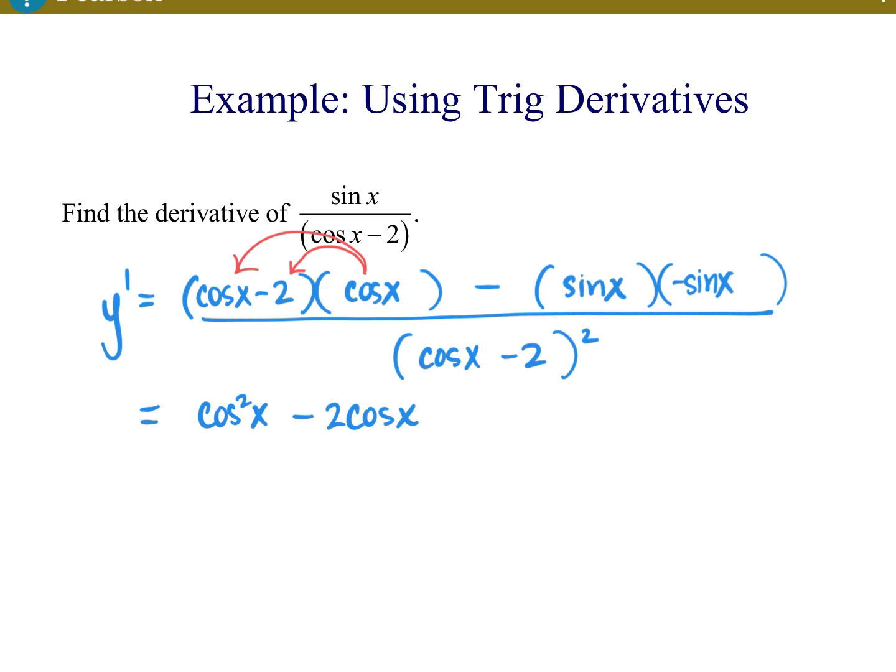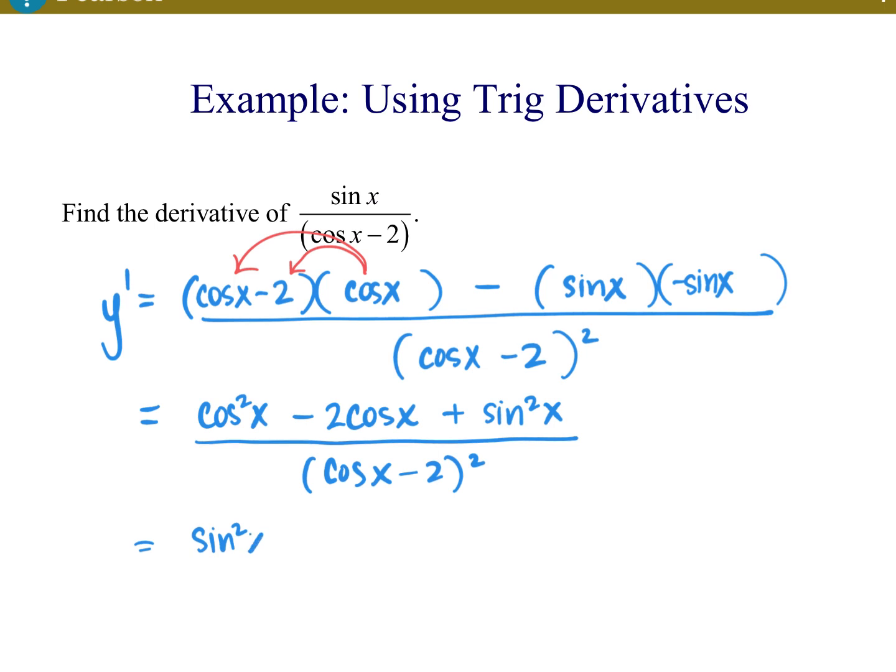Positive or negative? Positive sine squared. Then I put it in the right order. Sine squared comes first, cosine squared comes second, minus 2 cos x comes at the end.